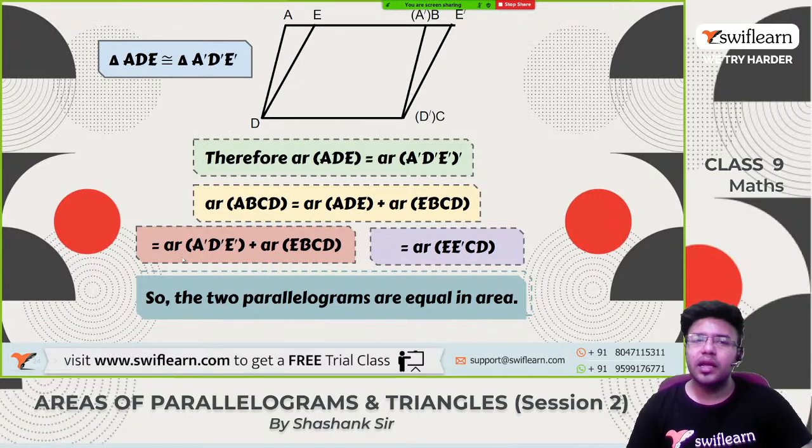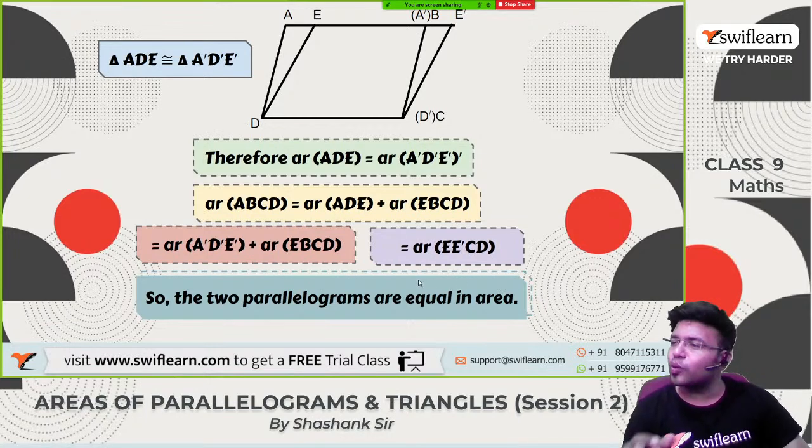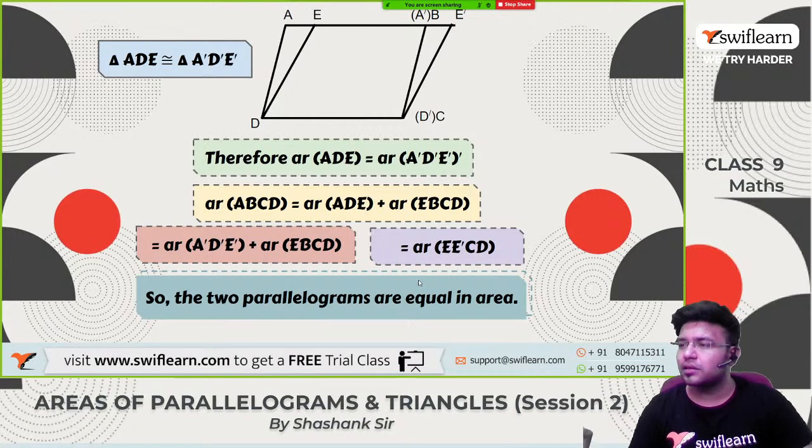And that is equal to area of A'E'D' plus area of EBCD, which is equal to area of E'CD' when we add them. So the two parallelograms now have equal areas.